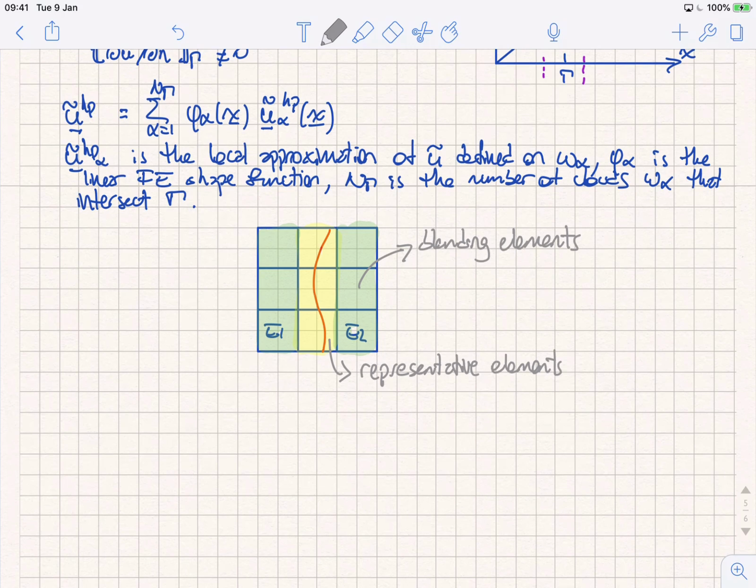And it is very interesting because some enrichment functions work very well, but some others do not work as well. And the main reason is because there are issues in blending elements. So think about this idea of pasting together local approximations in the clouds. And now you take a look at the node that belongs simultaneously to a blending element and to a representative element, right? So you can immediately see that the shape function associated to that node is somehow enriched.